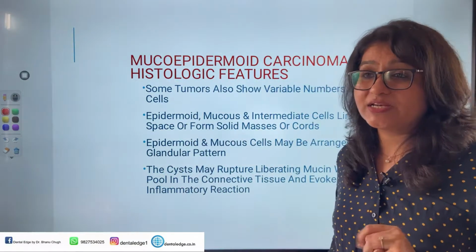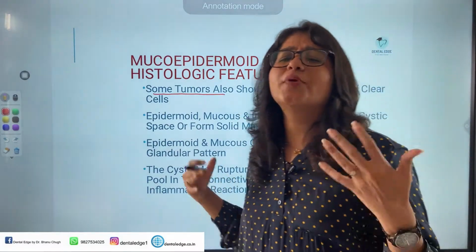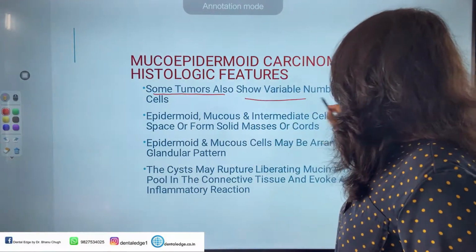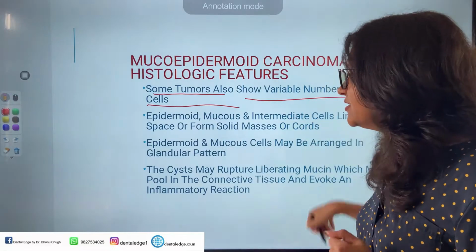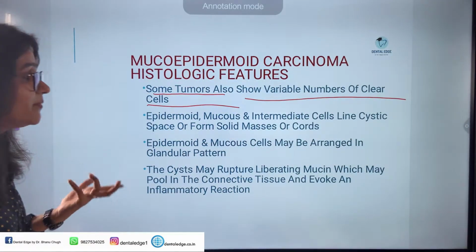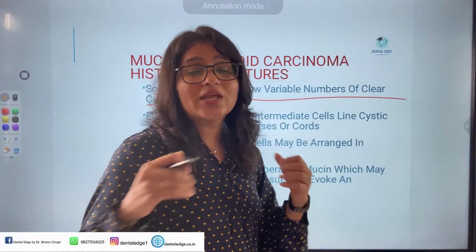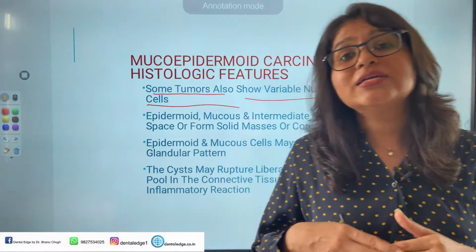So these cells are present. Now how are they arranged? One more point, some tumors, as I already told you, also show the presence of clear cells, in variable numbers. Now these mucoid, epidermoid or intermediate cells are present in solid masses or cords, or they may be seen surrounding a cystic space.